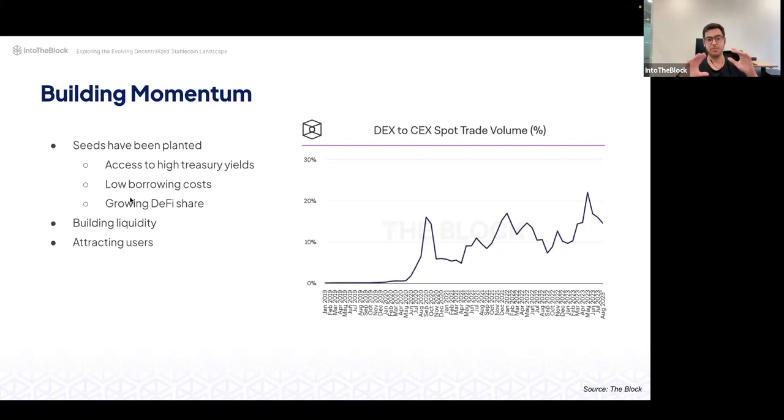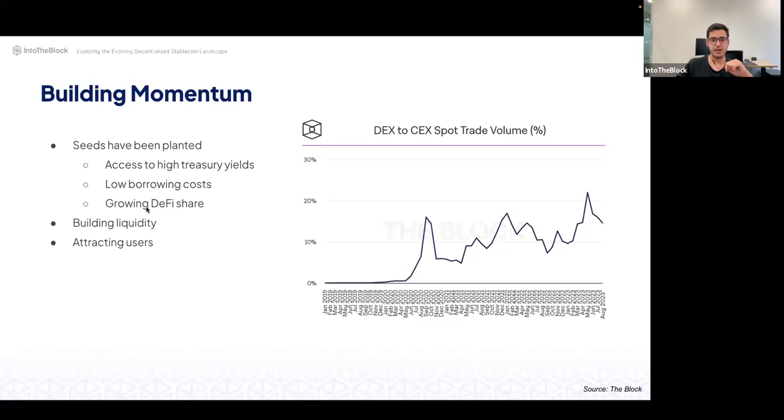Then in parallel, we're also seeing low borrowing costs, as I mentioned, through Aave GHO and Liquity LUSD, which makes a very good complement to the high treasury yields, since you can effectively borrow in one and deposit into the other.